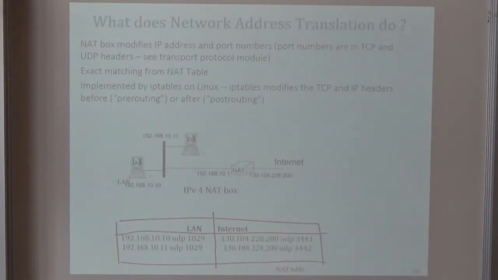What does a NAT do? The trick is to modify the IP address. For example, here I'm showing the internet with this address, 130 something. That's a public address, imagine, given by Swisscom to you.